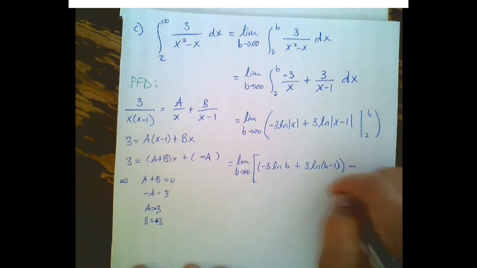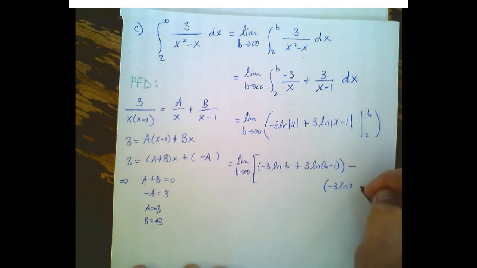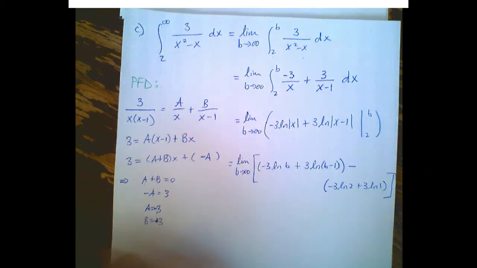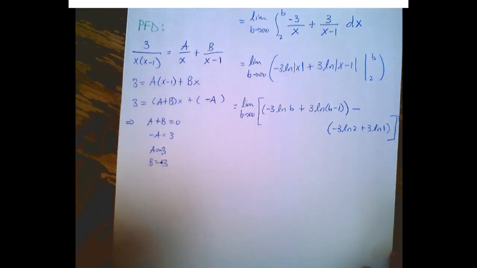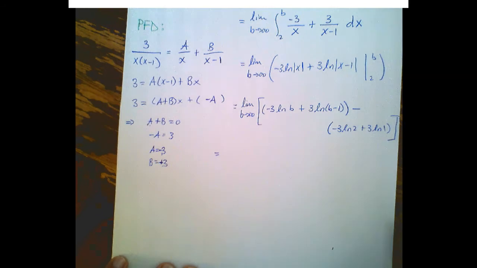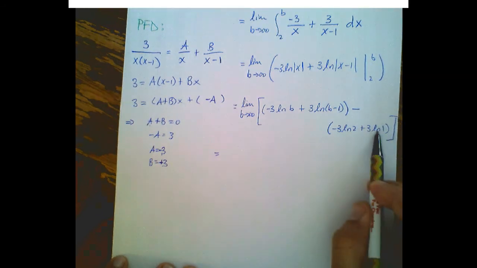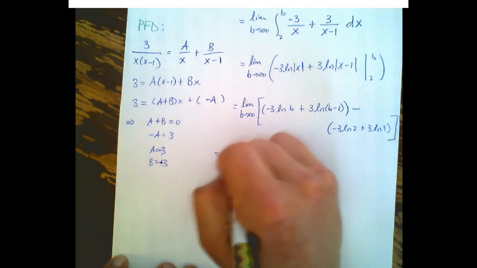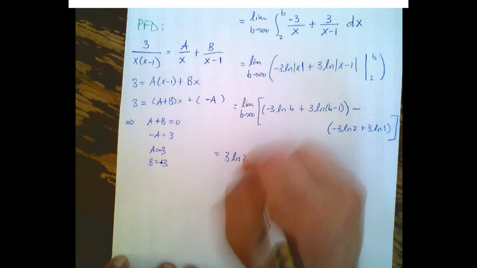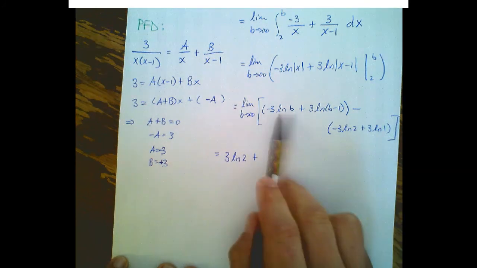Minus negative 3 natural log of 2 plus 3 times the natural log of 1. Alright, so what do we get? Well, we know that this guy is 0, so we'll have a positive 3 natural log of 2 coming out, plus this limit right here.